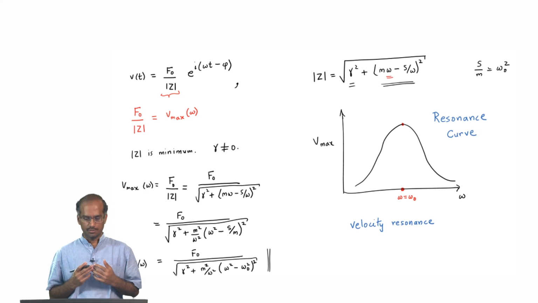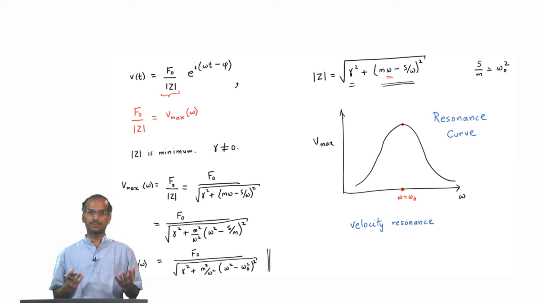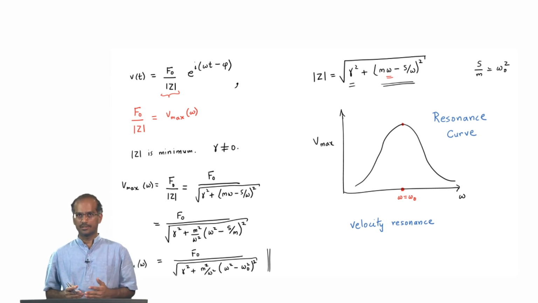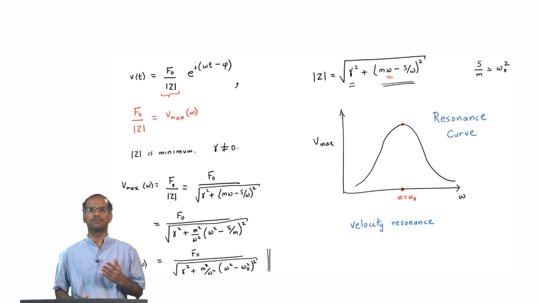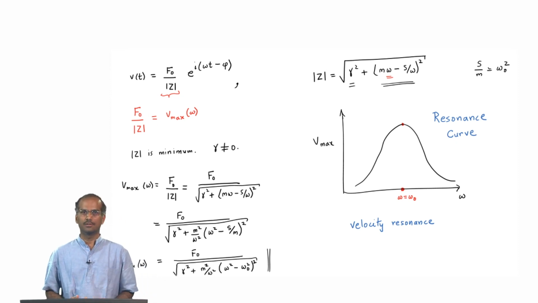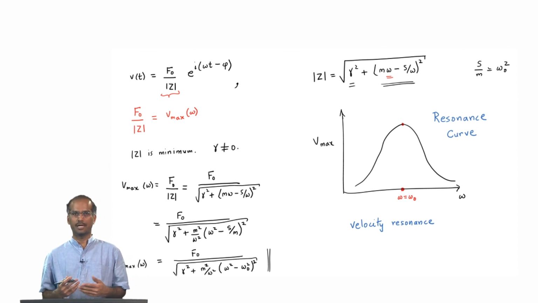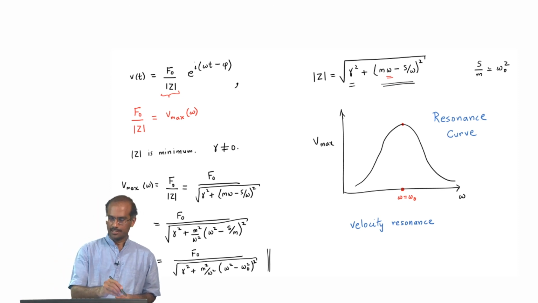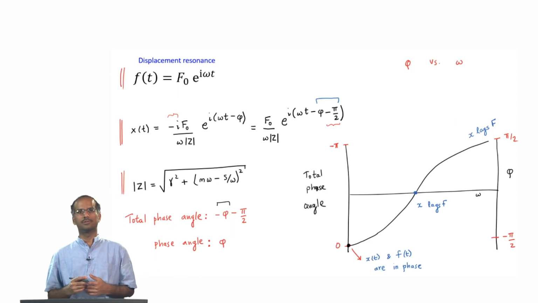You ask what is the maximum amplitude of velocity, and how does it change with driving frequency. Interestingly, when the natural frequency is equal to the driving frequency, the amplitude of velocity is maximum. And exactly identical questions can be asked about displacement as a function of time.